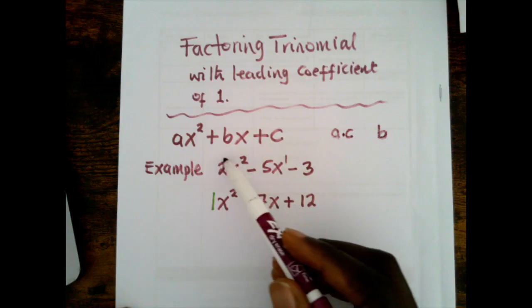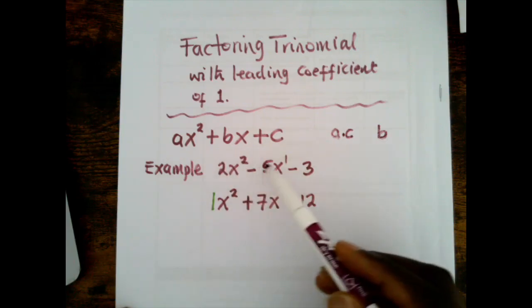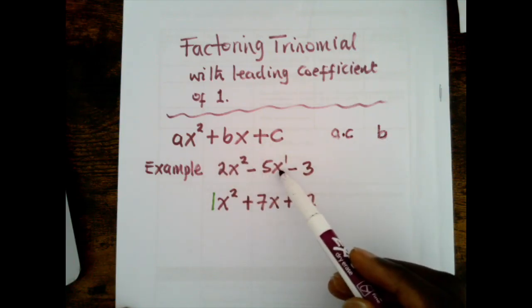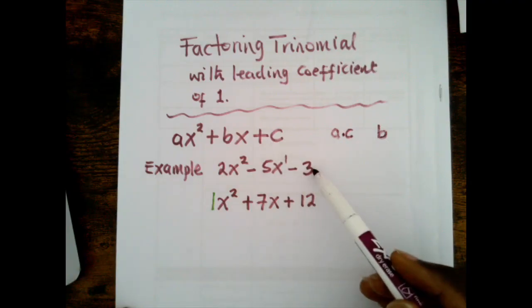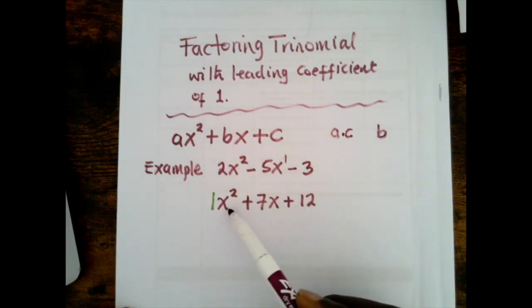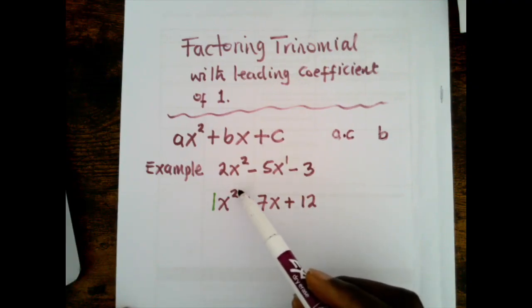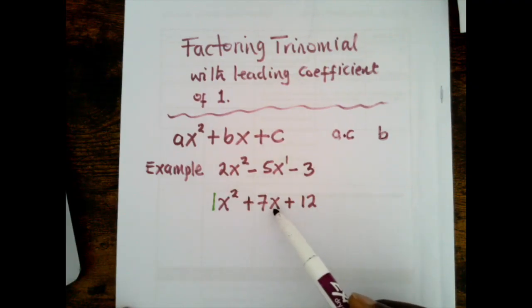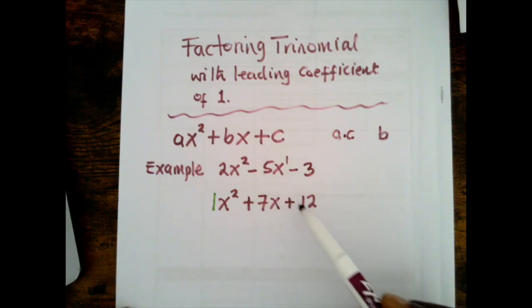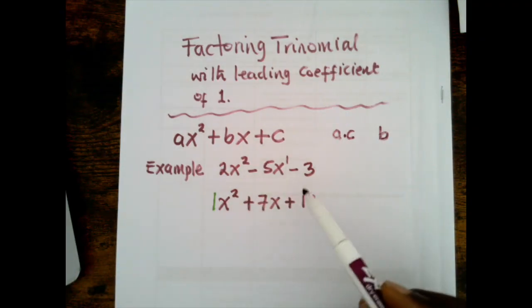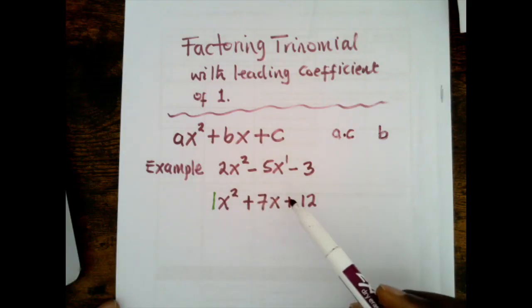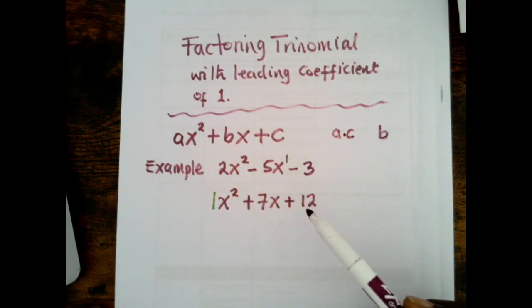So that term comes first, followed by negative 5x to the power 1, then the constant. Likewise, you see the same thing here. X squared comes first because it has the highest power, followed by the 7x with a power of 1, then the constant. Once you have the trinomial written in standard form, you can go ahead and factor.